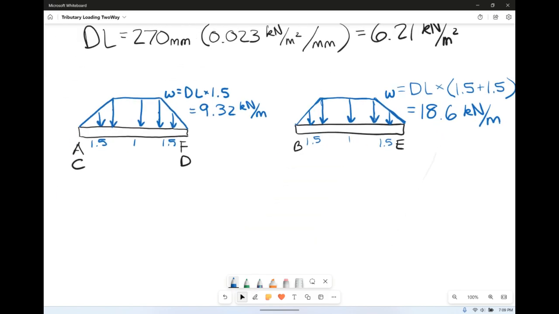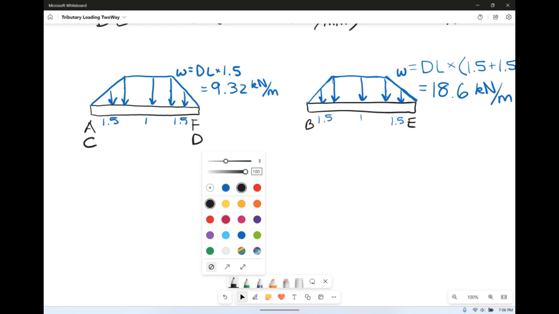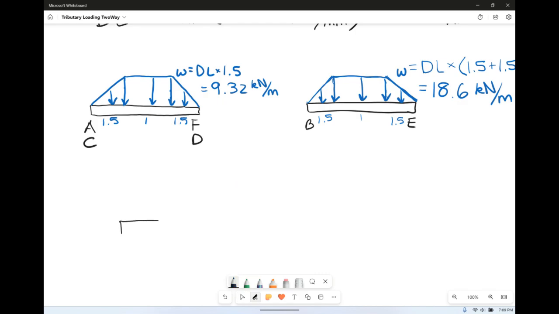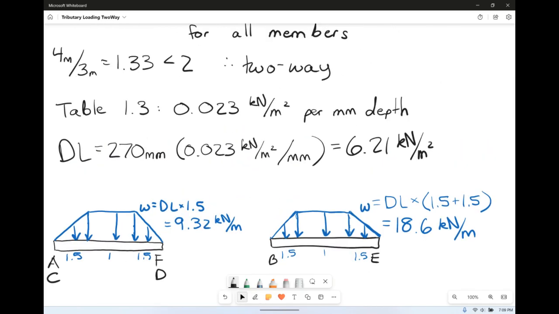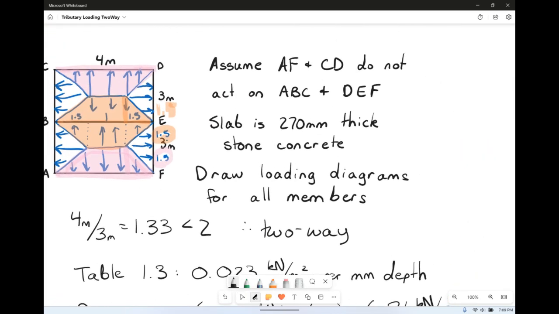And now if we want to find the loading diagram for our long members, that's A, B, C, and D, E, F. Remember that in our problem statement we said that A, F, and C, D do not act on A, B, C, and D, E, F. But that does mean that B, E is going to act on those members.